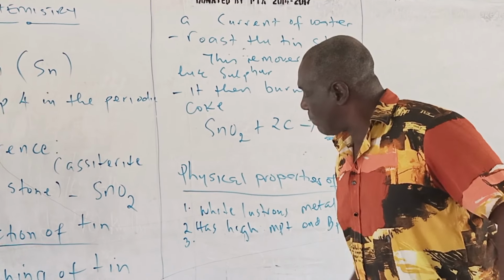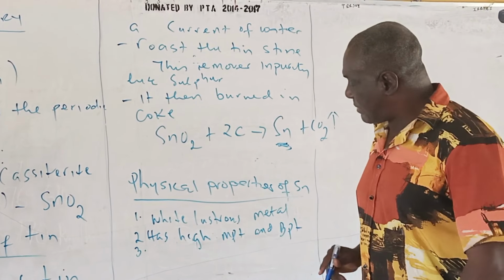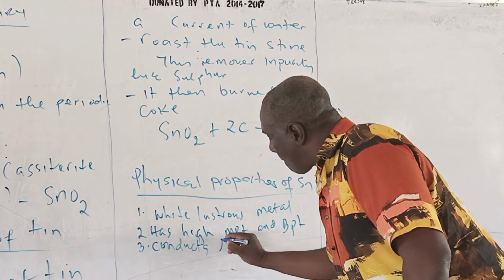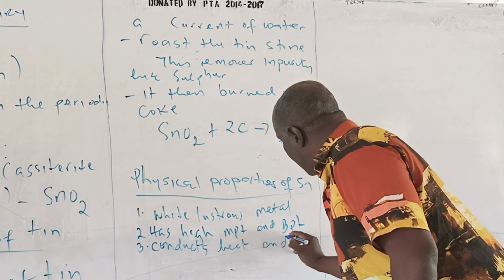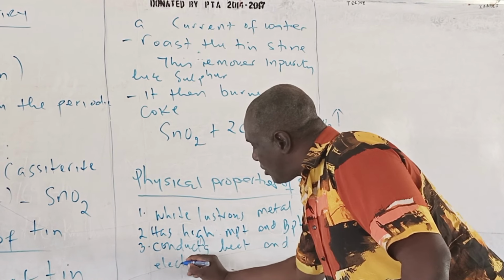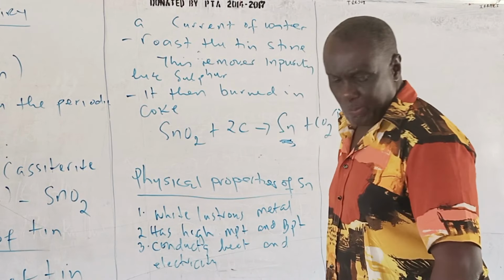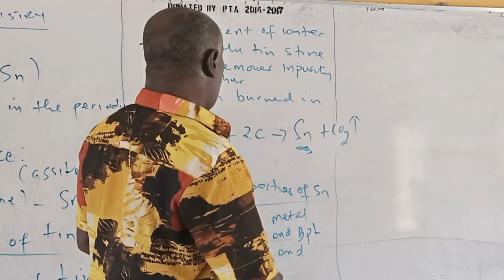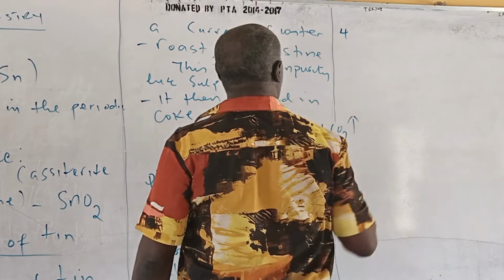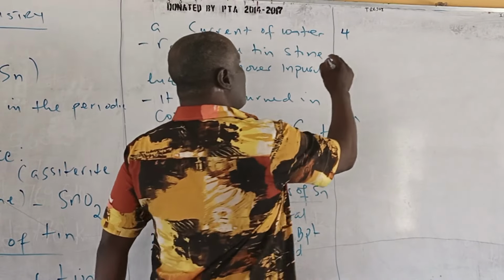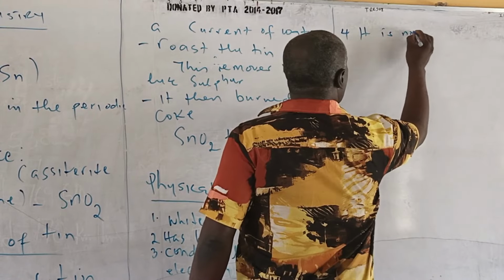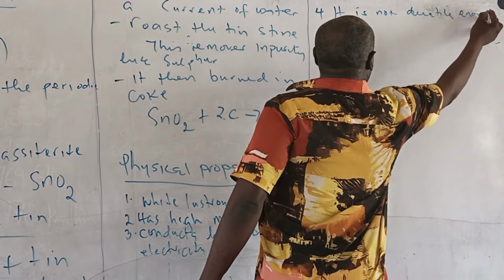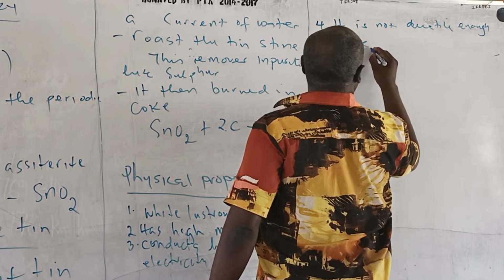Three, it's typical for all metals, it conducts heat and electricity. Four, another physical property is that it is not ductile enough to be drawn into wire.